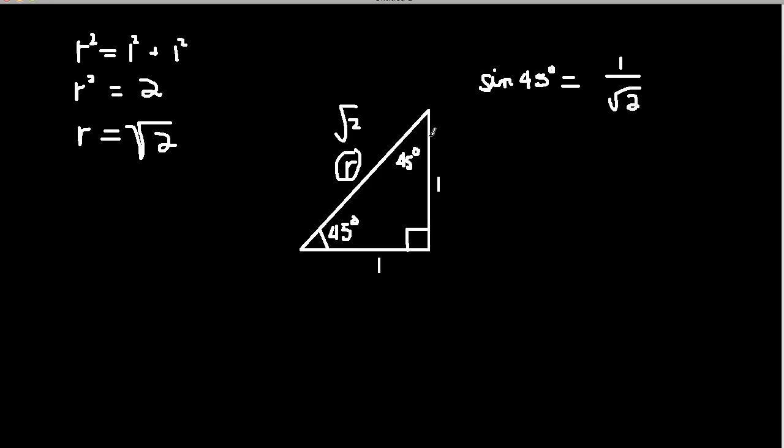And we get exactly the same result for the cosine of 45 degrees, because the cosine of 45 degrees is adjacent divided by hypotenuse, which is also 1 divided by the square root of 2. So cosine of 45 degrees is 1 divided by square root of 2.